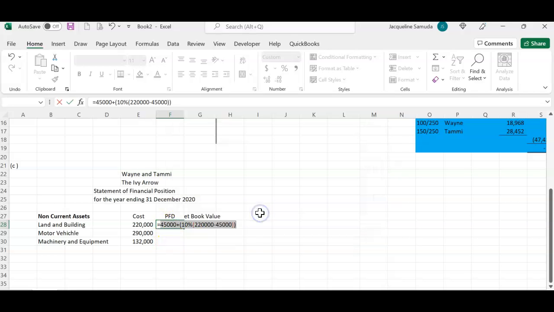Let me just do a quick calculation here. It's 45,000 plus 10% of 220,000 minus 45,000.